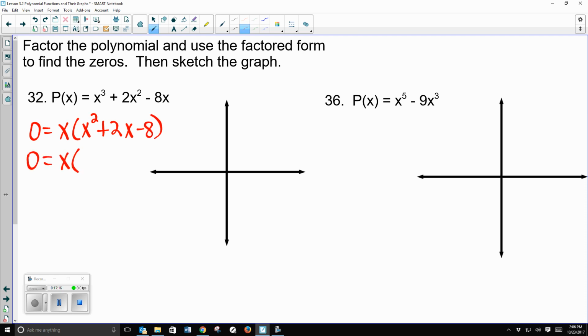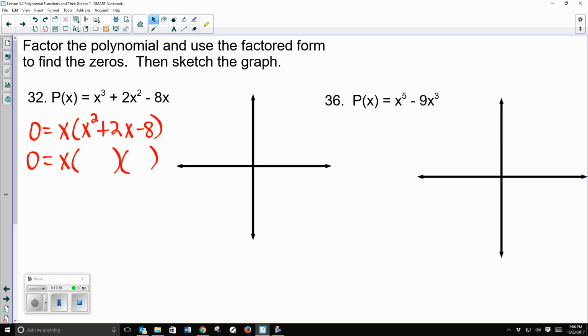What do I get when I factor that? x plus 4 and x minus 2, which multiply to give negative 8 and add up to positive 2. So setting each factor equal to 0, x is equal to 0, negative 4, and positive 2. You know how I got those, right? Do I need to show how I set each one equal to 0?